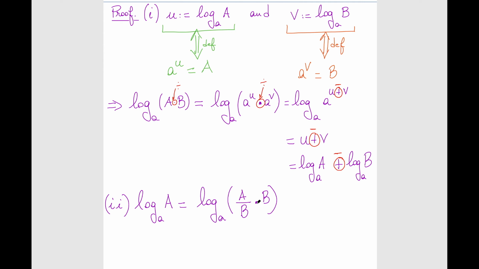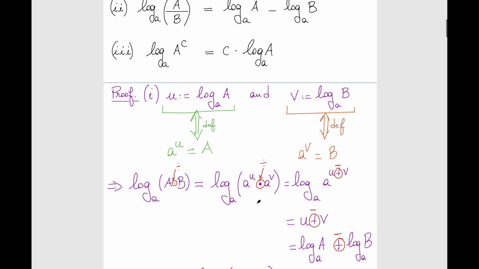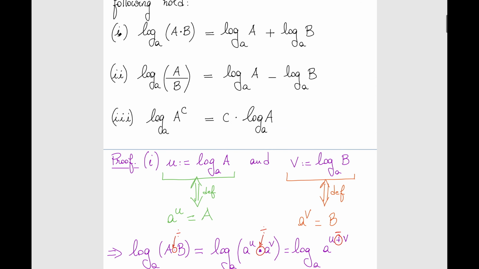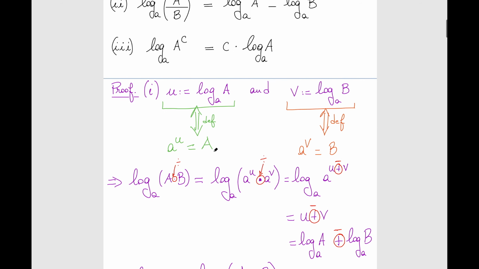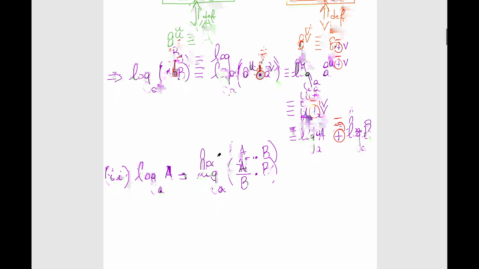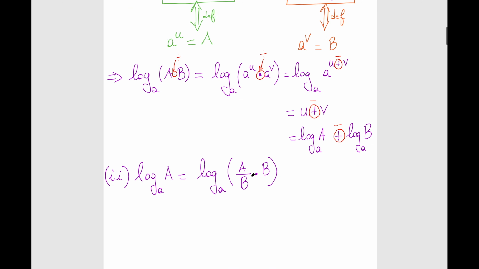All right. And now part 1 tells me that the log of a product, forget about letters A, B for a moment, is equal to the sum of the logs of the factors. Well, I'm going to apply part 1 where this is one of the factors and that's the other. Correct? So I'm going to use part 1 here.